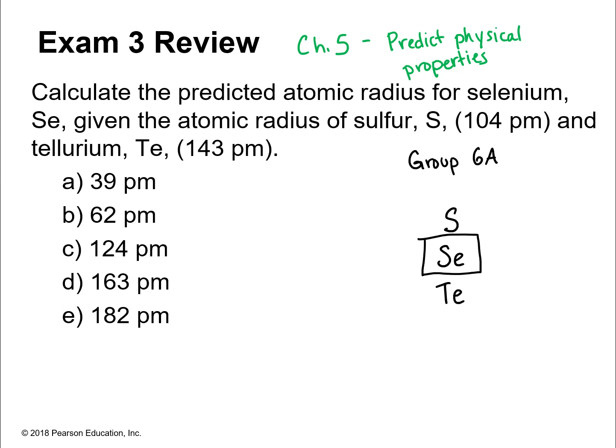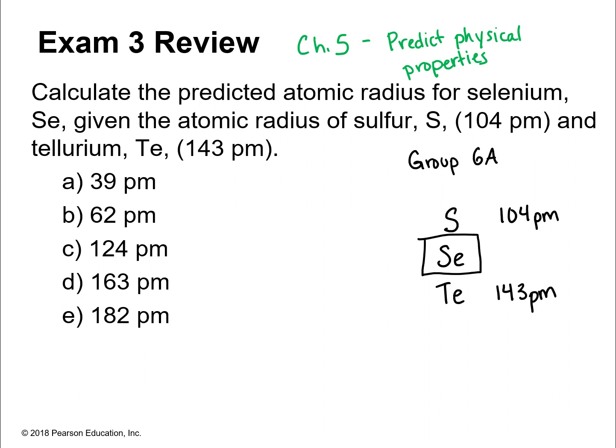So when you're looking at this question and you know the radius of sulfur and tellurium, selenium should have a radius that is somewhere in between 104 and 143 picometers.